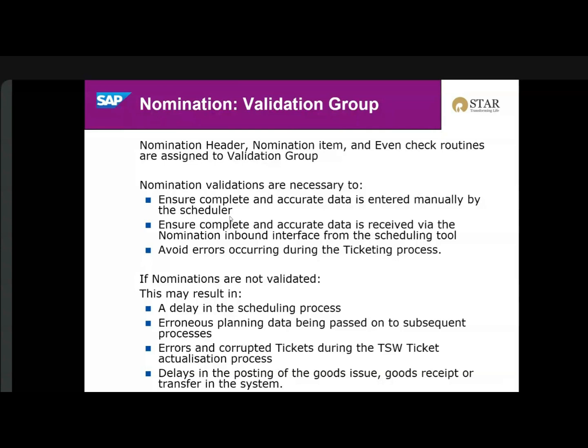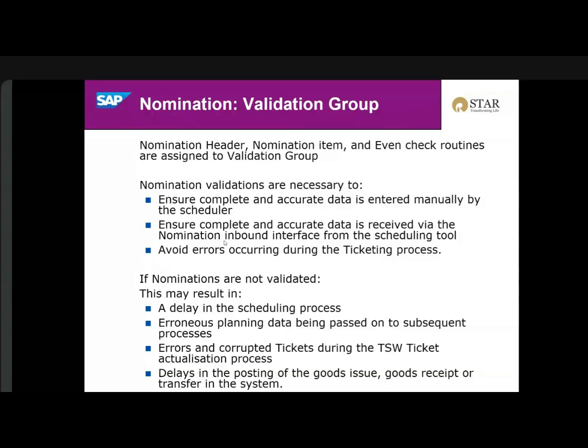Nomination validation is necessary to ensure complete and accurate data is entered manually by the scheduler. That means if some data is missing, it will give you an error. Ensure complete and accurate data is received via the nomination inbound interface from the scheduling tool.